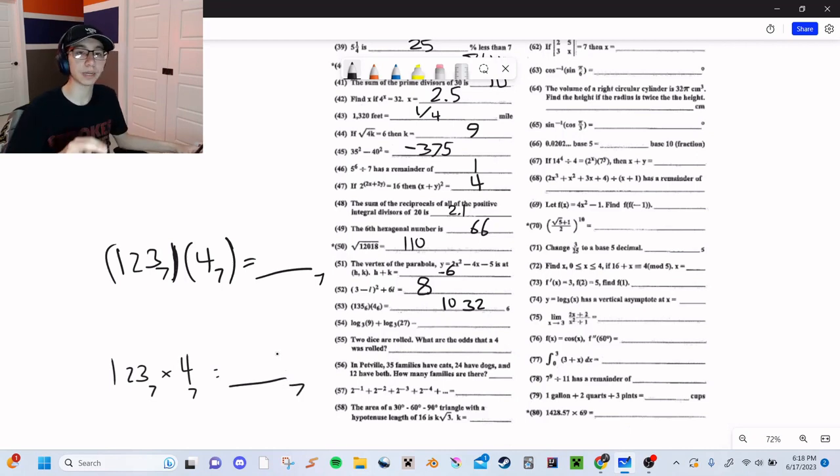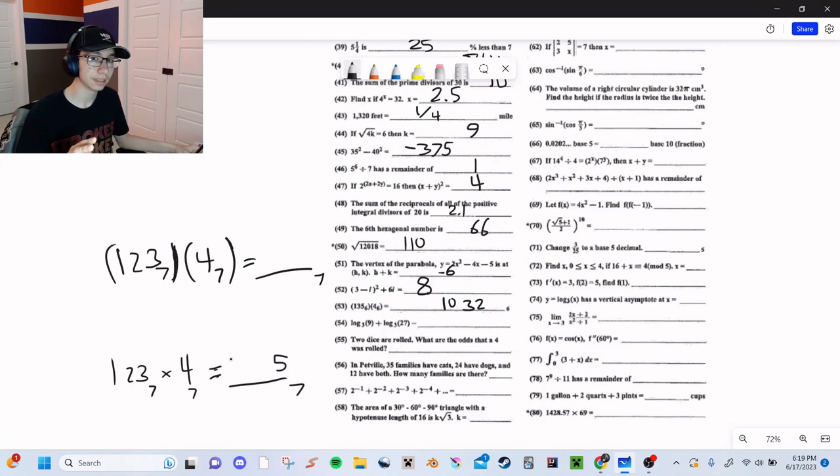Let's do the 3 times the 4. That's 12. Divided by 7. That's 1 with a remainder of 5. So let's write down the 5. Carry that quotient, so we're carrying 1. Now let's do the 2 times the 4. That's 8 plus the 1 we carried.